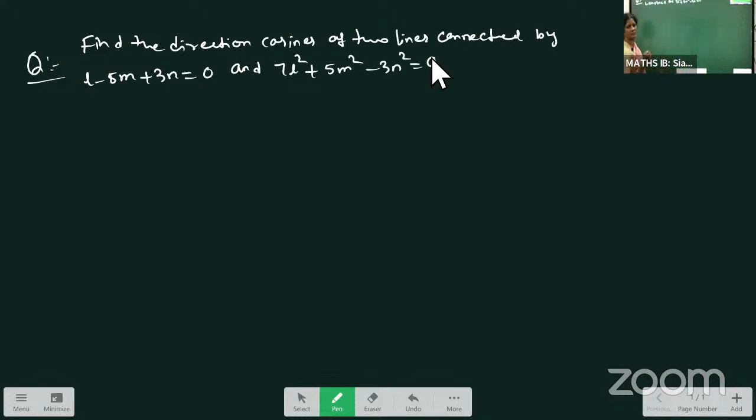When two different lines are given, how to find direction cosines? Yesterday we did the same concept question, so again, one more question I'm going to explain.